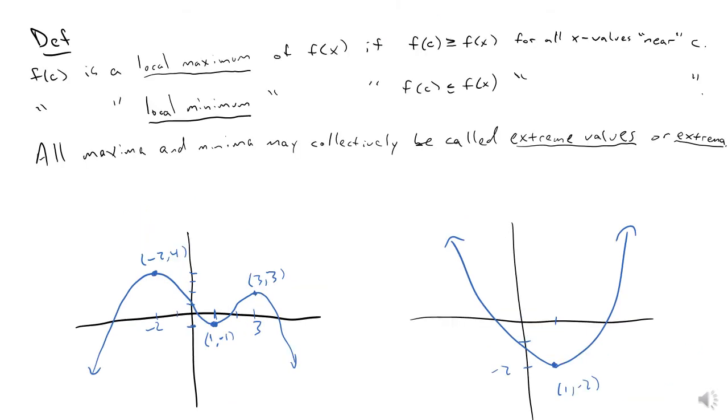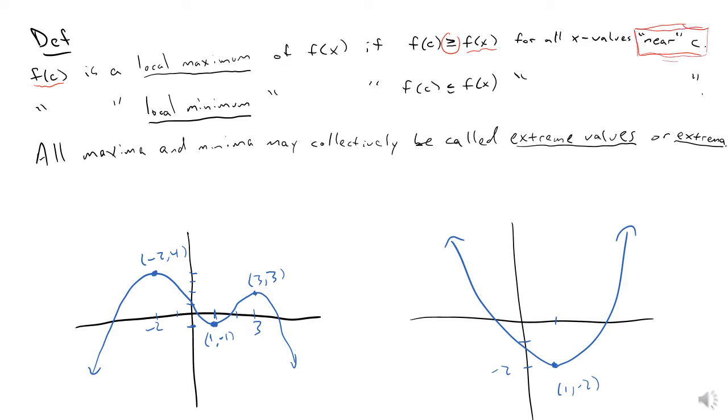So those points that I was just talking about are called a local maximum and a local minimum. f(c), this y value here, is called a local maximum for the function if it's bigger than all the other y values, as long as you're focusing on an area near c. Now that little qualifier, near c, is an important qualifier.